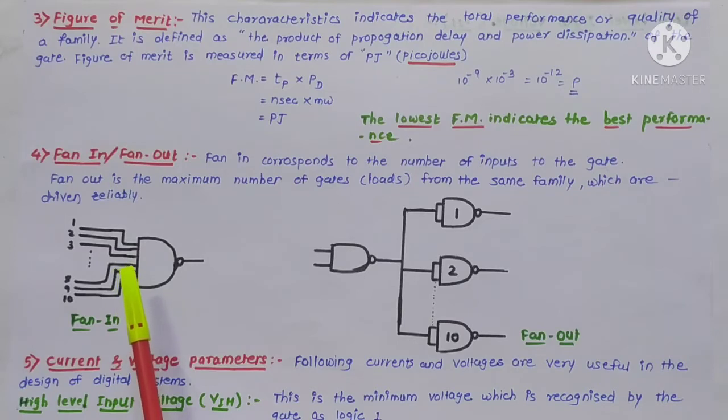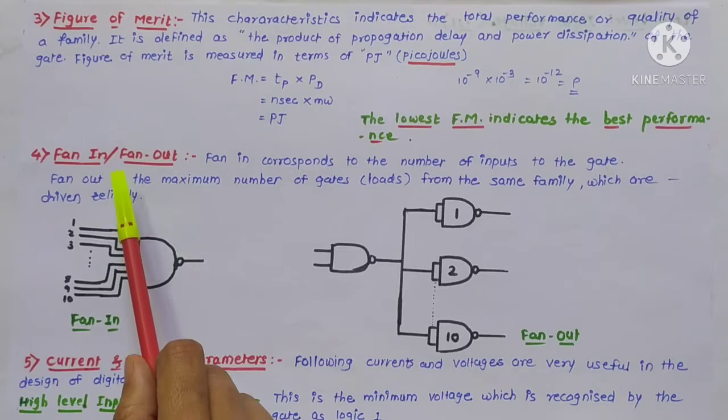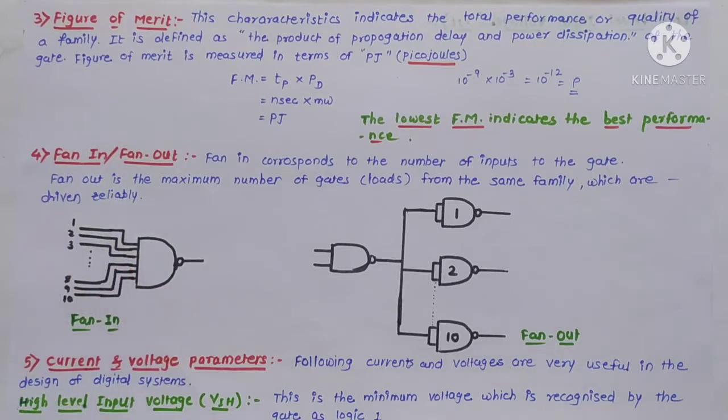Or mostly the capacity of driving the gates, or the number of gates taken to the input, is related to fan in and fan out. So simply by using this diagram we can say that the number of inputs to the gate denotes the capacity or fan in.